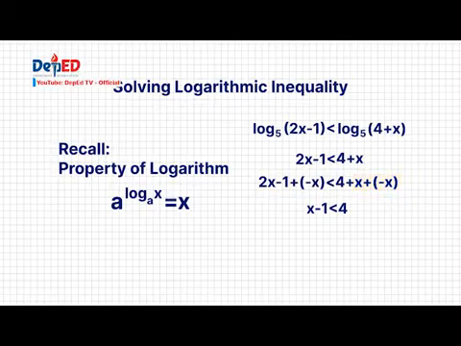By addition property of inequality, we add positive 1 to both sides of the inequality. That is, x minus 1 plus 1 is less than 4 plus 1. We combine like terms, and this gives us x is less than 5.